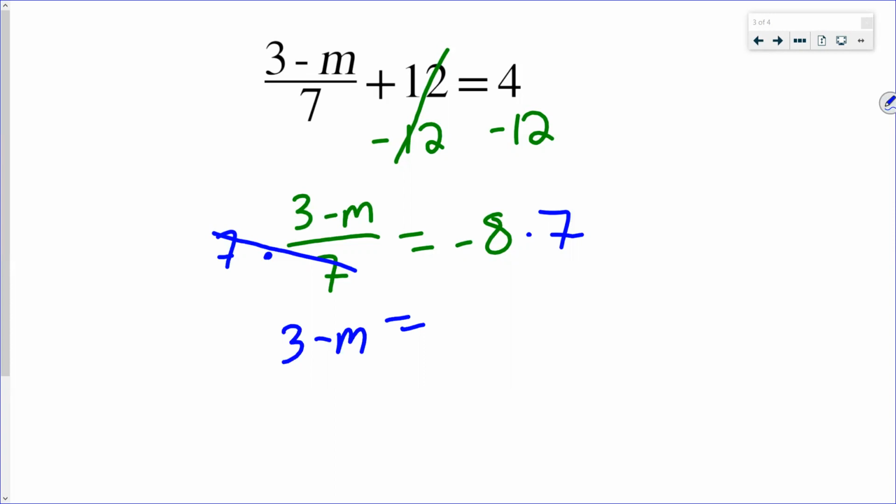I'll give you a hint. There's a 5 and a 6. 56. 56 and a negative times a positive? Negative. Now what are we going to do? We have 3 minus m equals negative 56.